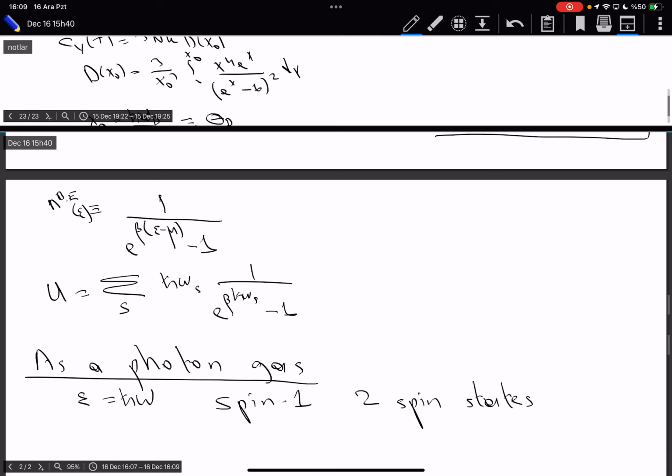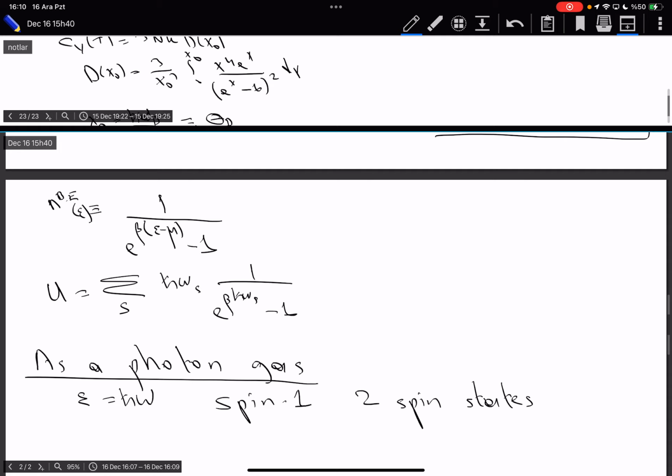Typically, a spin 1 object has 3 spin states, but if it is massless, it doesn't get all the states. A massless spin 1 particle only has the s equal to plus 1 or minus 1 states. Or, in electromagnetic theory, electromagnetic waves are transversal waves. They can be polarized in 2 different directions.